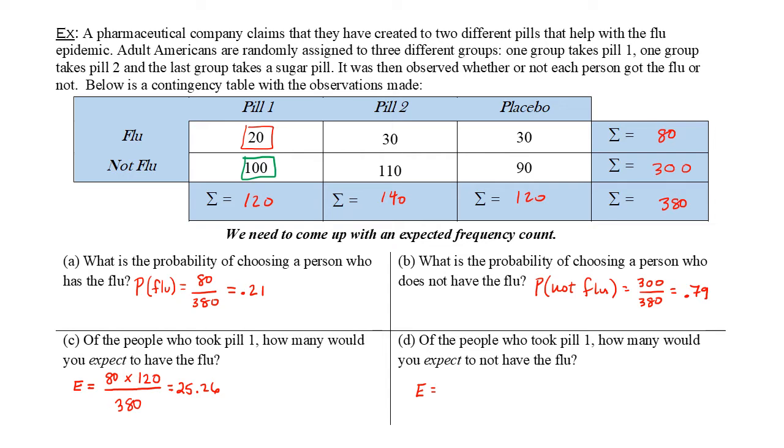We have in the column 120 and then in the row 300. So we'll do 300 times 120 divided by the grand total, which is 380. So when we multiply these and then divide by 380, we get an expected value of about 94.73.